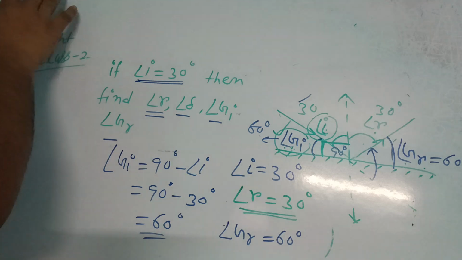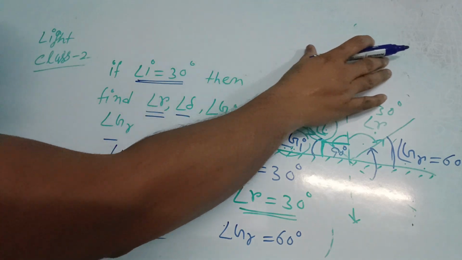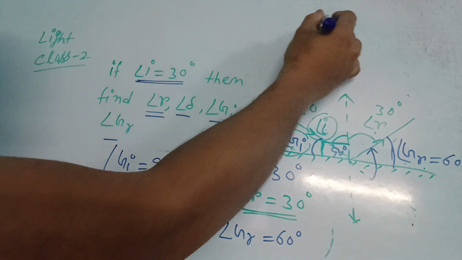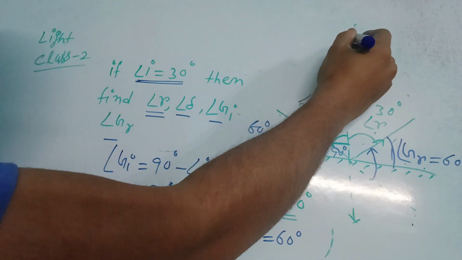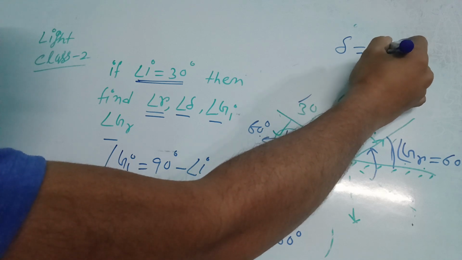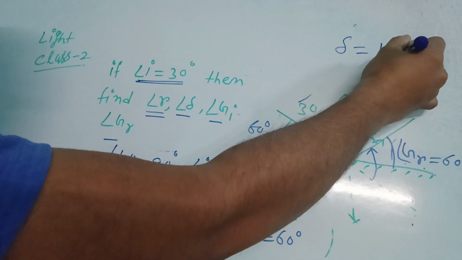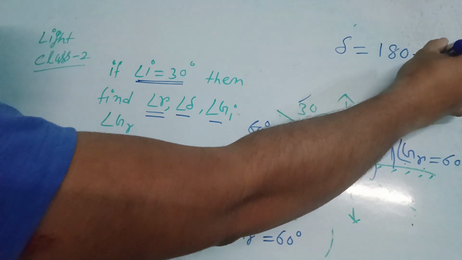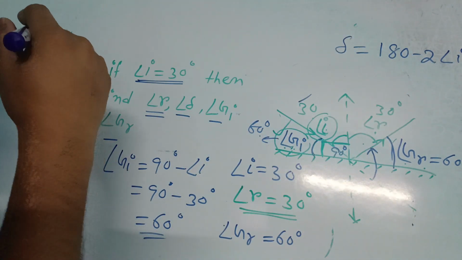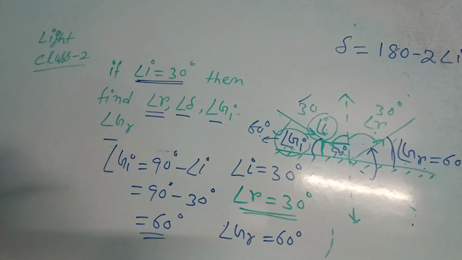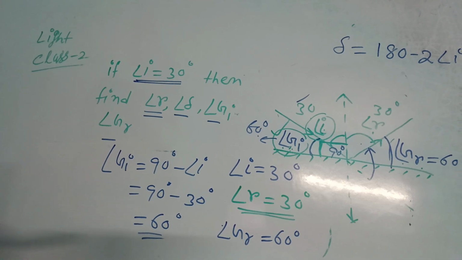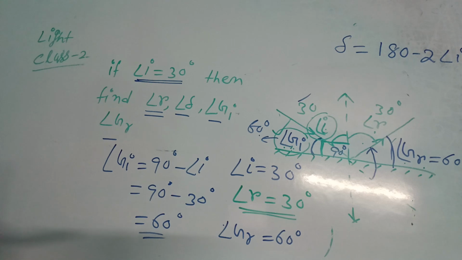Now they ask what is the value of delta. We know delta equals 180 minus twice angle I, or twice angle R. Then we can find the value of delta.